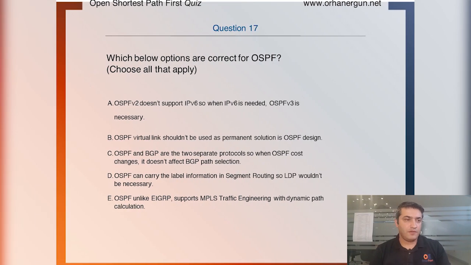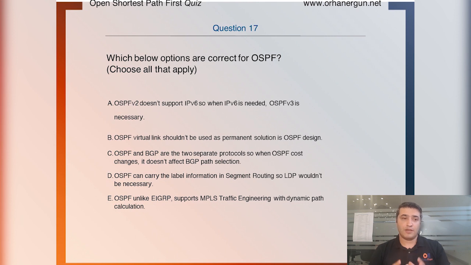Question 17: which of the below options are correct for OSPF? Choose all that apply. Again, it would be easier if I said choose 2, choose 3, whatever, so you would know. Let's have a look. OSPF version 2 doesn't support IPv6, so when IPv6 is needed, OSPF version 3 is necessary. That's true.